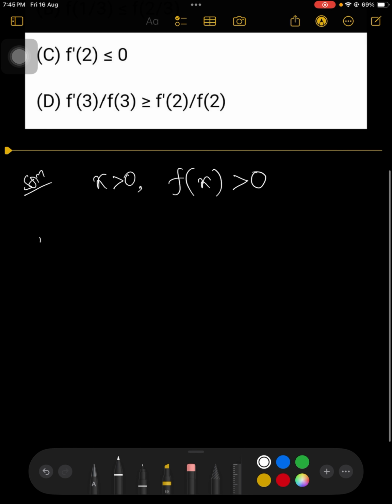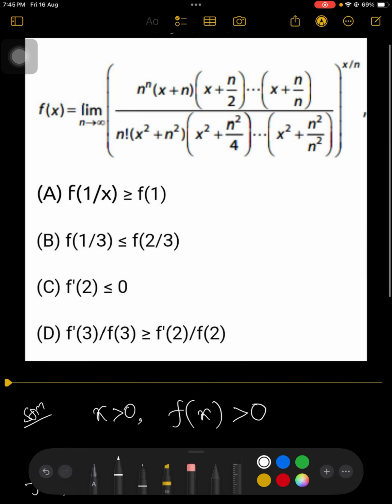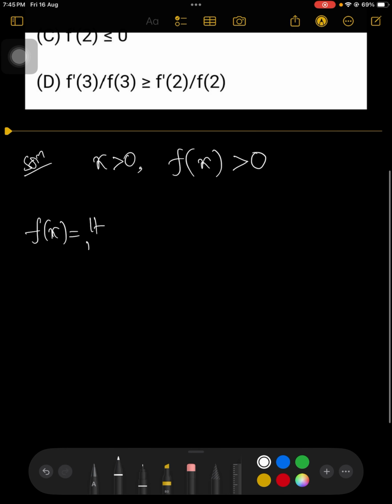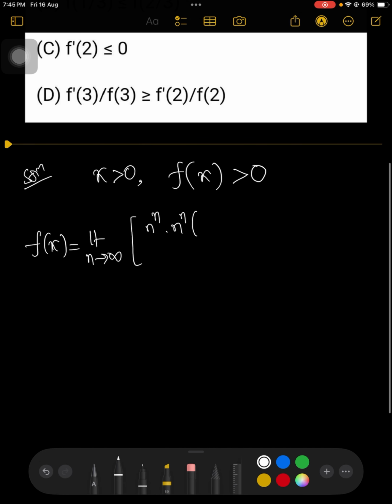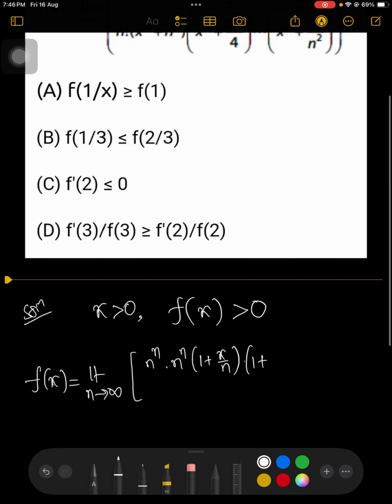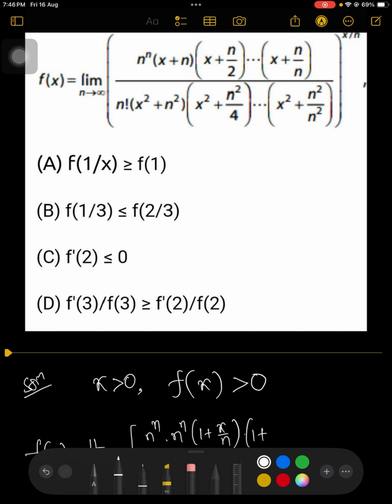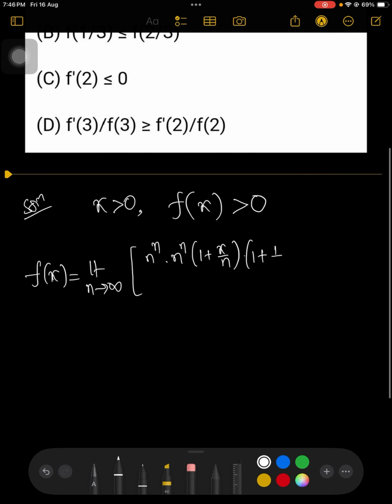Then the question will be f of x equals limit n tends to infinity of n power n into, if I take n common in each term, n power n into (x by n plus 1) into (1 plus x by n) into (1 by 2 plus x by n) into and so on.